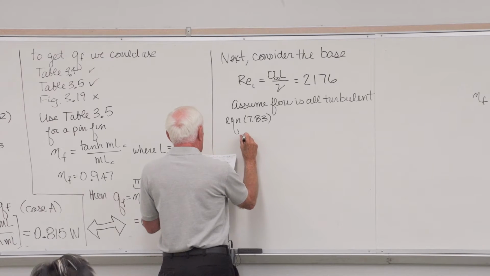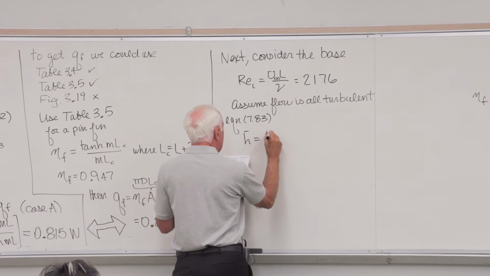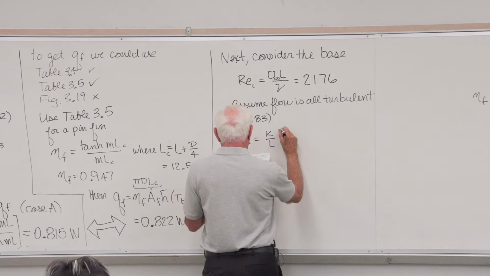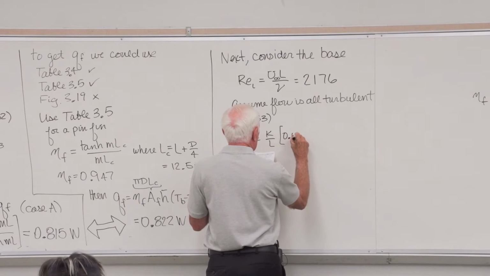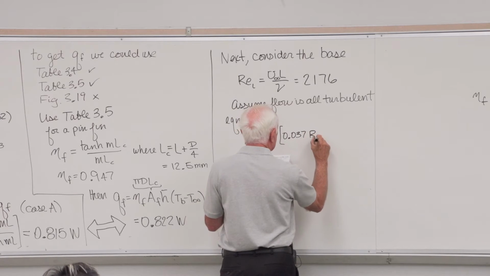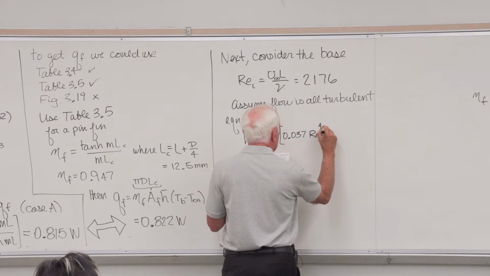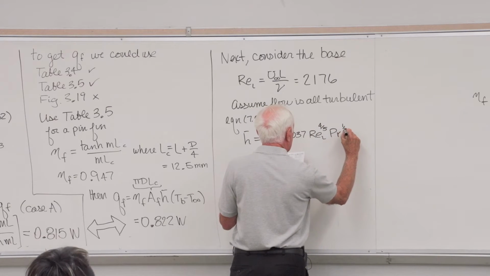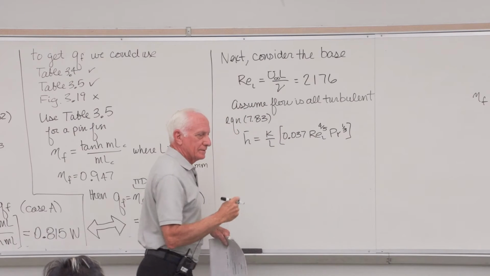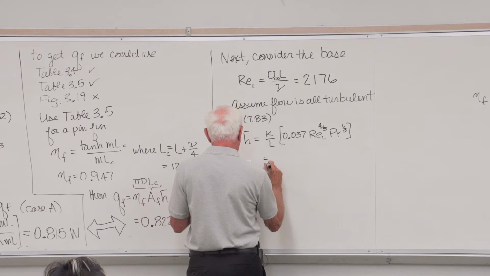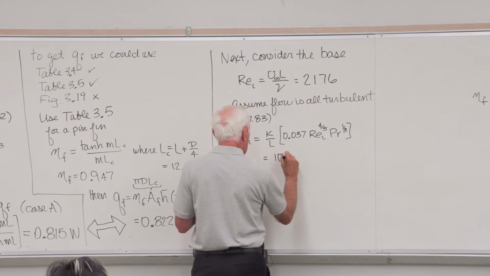Okay, the equation we use, let's see here, equation 7.83. Okay, here it is, h bar L over k equals 0.037 times Reynolds to the 4/5, Prandtl to the 1/3. I know all those guys. Put that in there, and I get h bar 107.